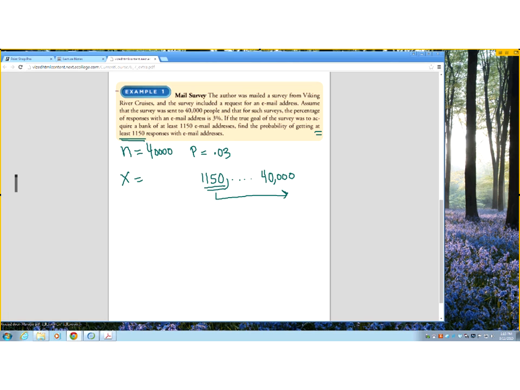Okay, so if I was using the methods from our previous chapter, chapter 5, what command on the calculator would you use here? We had two to choose from. It was the binomial PDF and the binomial CDF.